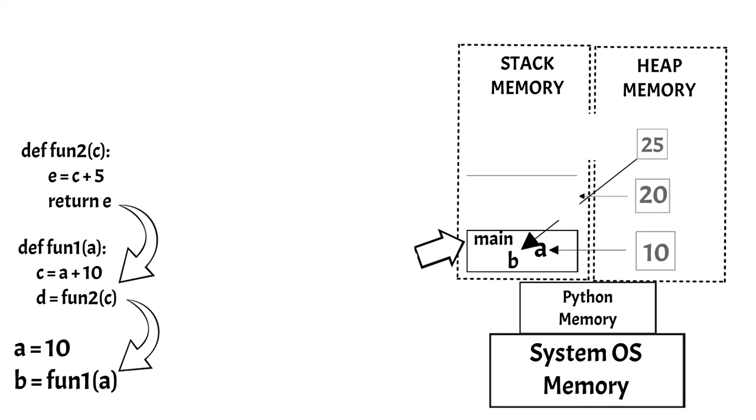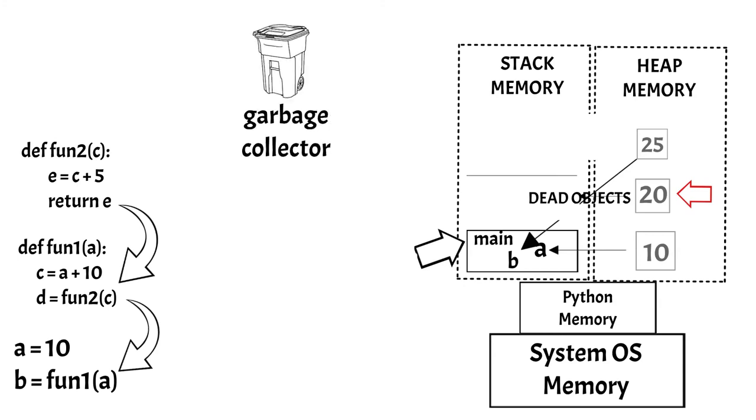But before that, notice here that the value 20 is no longer referenced to any variable in the stack memory. Such values in the heap memory, which are not referenced to any variable in the stack memory, are known as dead objects. The moment the Python interpreter finds that a dead object exists in the heap memory, it will immediately invoke the garbage collector. The garbage collector will then remove the integer object 20 from the heap memory.